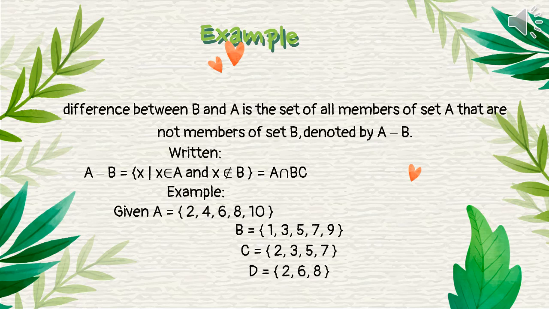Example: given A is {2, 4, 6, 8, 10}, B is {1, 3, 5, 7, 9}, C is {2, 3, 5, 7}, and D is {2, 6, 8}.